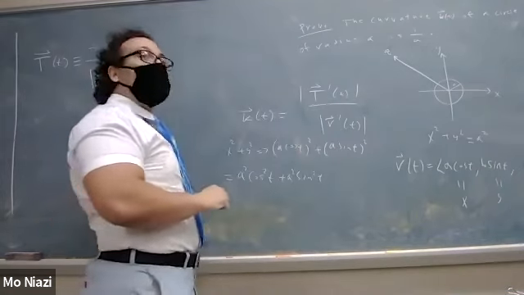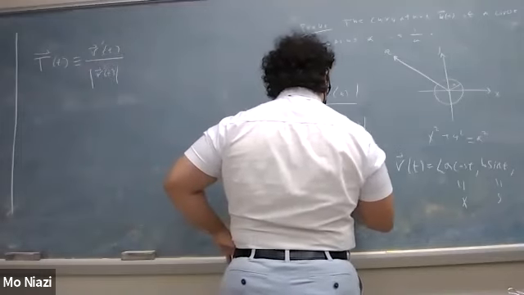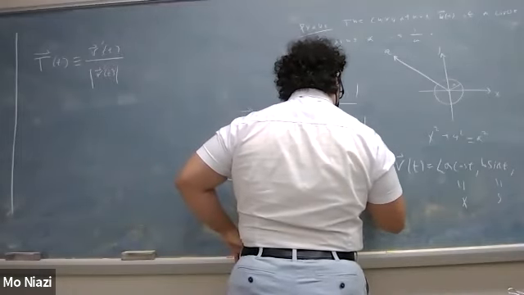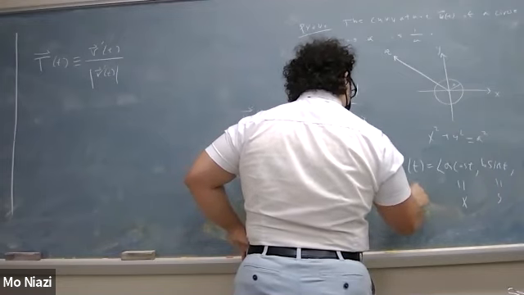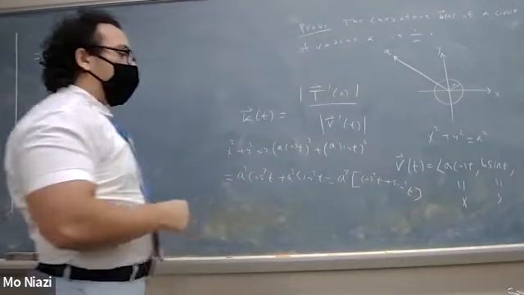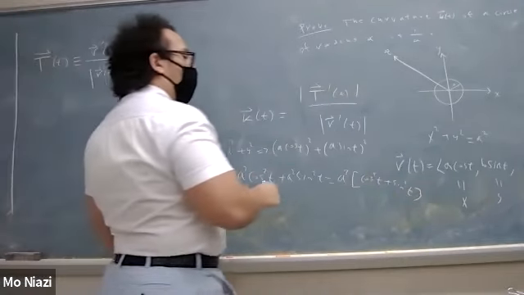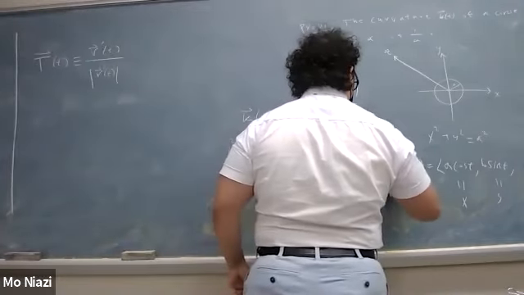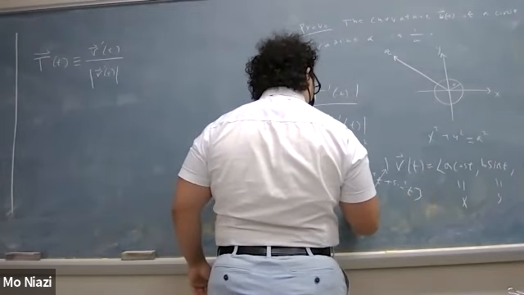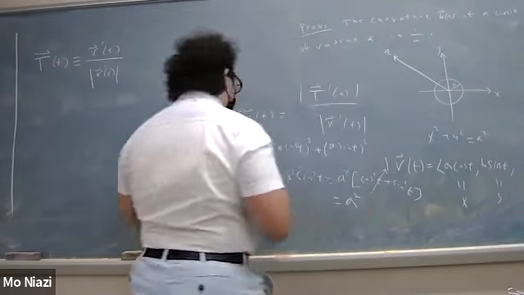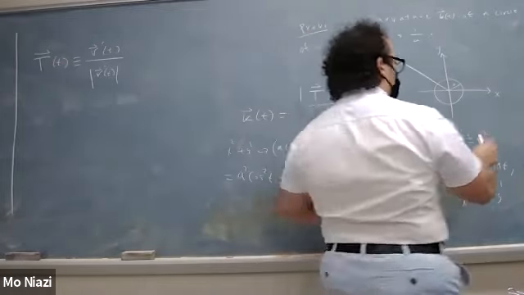I can factor out the common term a squared. I get cosine squared t plus sine squared t. What is that in the parentheses equivalent to? Very good, by the Pythagorean identity. This inside the parentheses is equal to 1. So this equals a squared. And that's how we even got this relation to begin with.